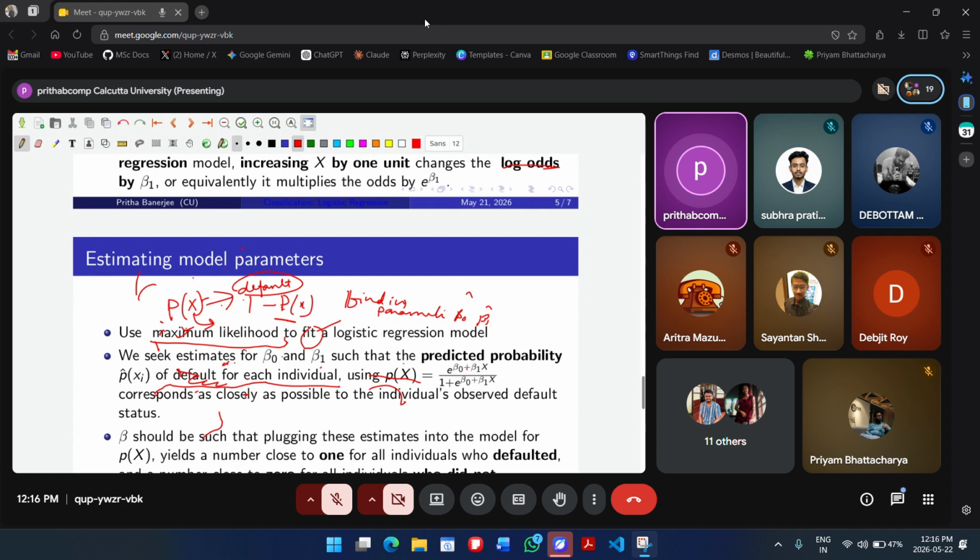Ultimately, once you get beta 0, beta 1, you substitute into the expression p of x equal to e to the power beta 0 plus beta 1x divided by 1 plus e to the power beta 0 plus beta 1x, and you will get the probability values. This corresponds as closely as possible to the individual's observed default status.